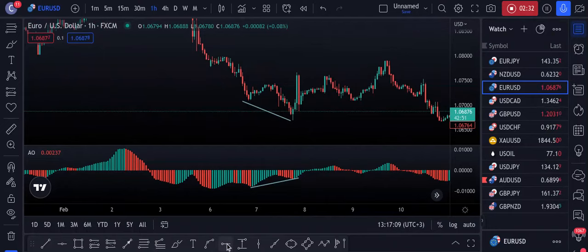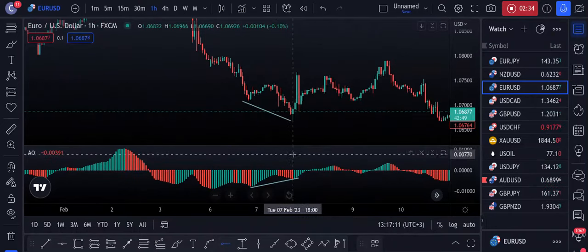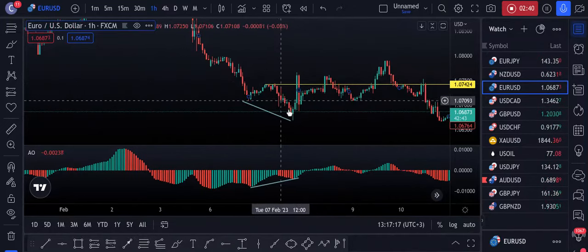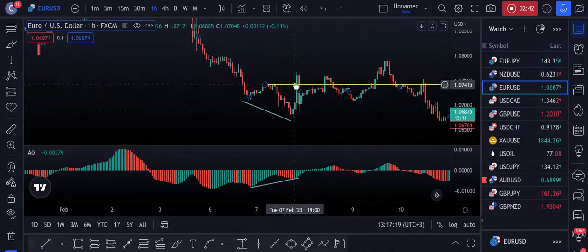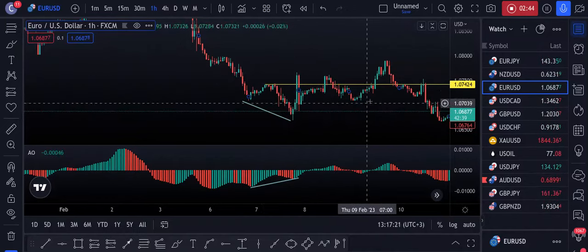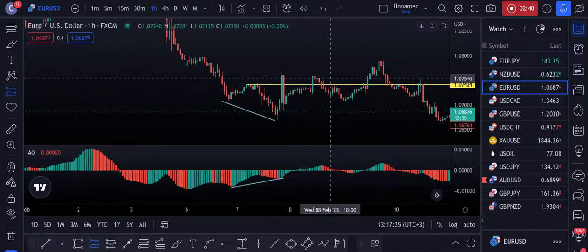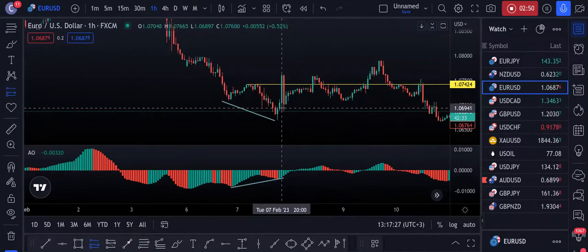So we mark out our recent high before divergence formed. This is our recent high. What we want is for price to close above those highs. Once price closes above those highs, we take the trade on a discounted price before price moved up.